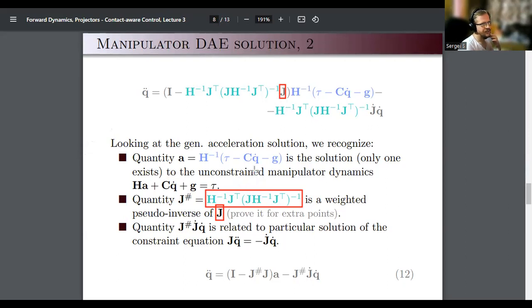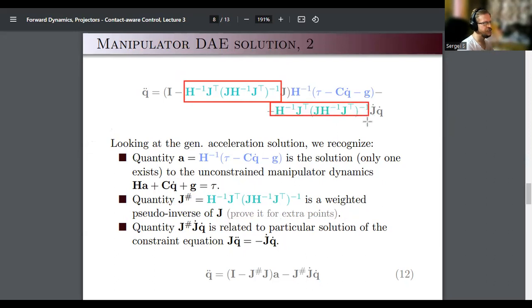And here, we'll discuss this in just a second. So this quantity is a weighted pseudo-inverse of the constraint Jacobian J. Notice it appears twice. Here's one appearance, here's another appearance. So this same Jacobian pseudo-inverse appears twice.